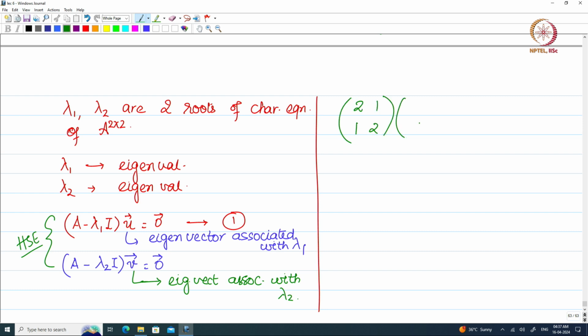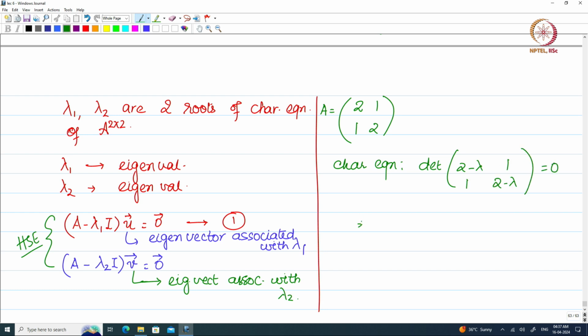We wanted to find the eigenvalues of this matrix A is equal to 2 1 1 2. So, we can do the characteristic equation here. The characteristic equation is the determinant of (2 minus lambda, 1; 1, 2 minus lambda) is equal to 0.